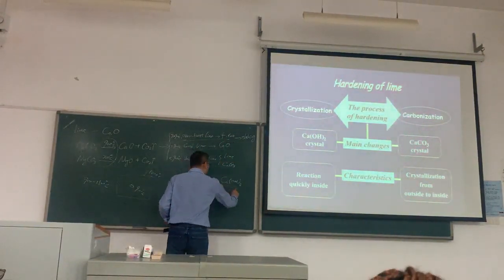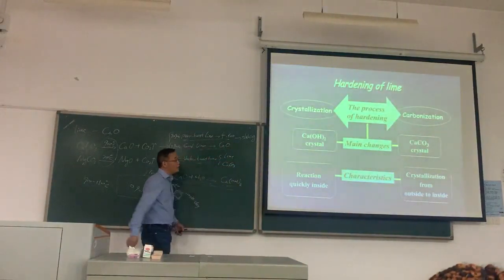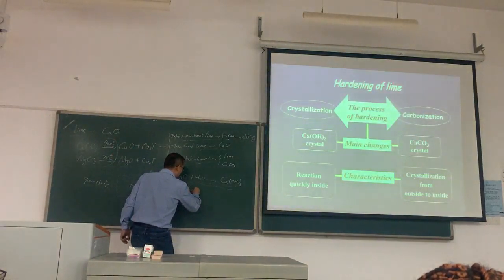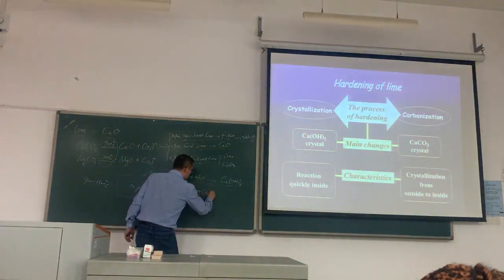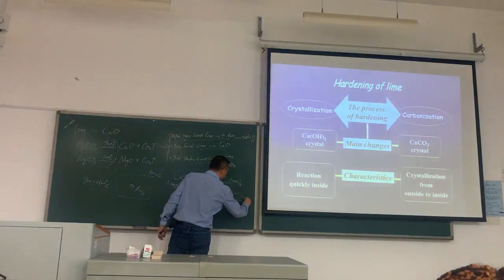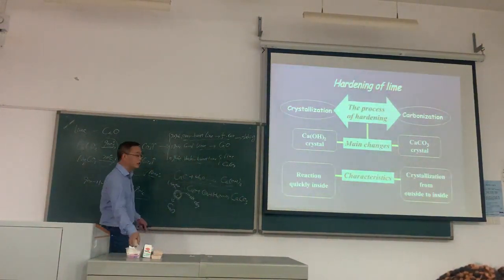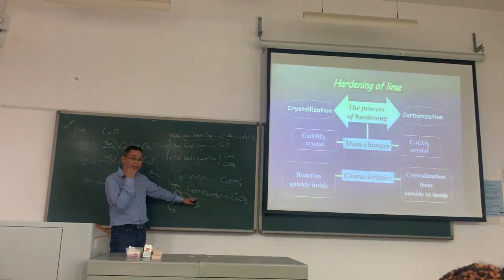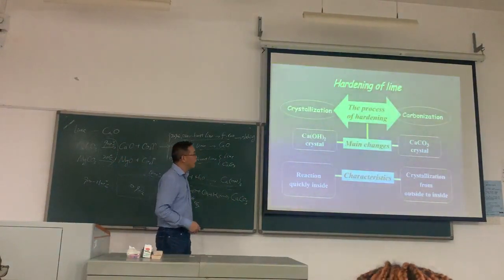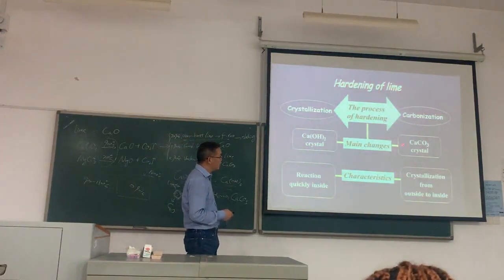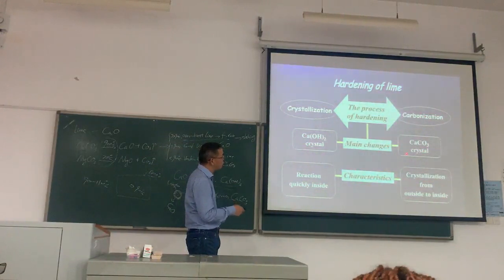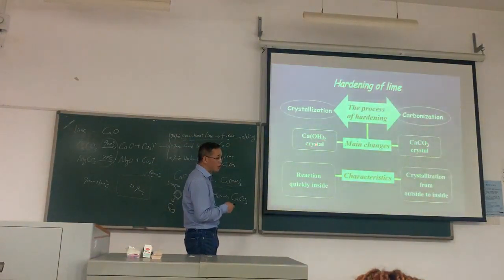This is the crystallization. For the carbonization, it will react like this. This is the carbonization of the lime. And then how about the characteristics of these 2 different kinds of hardening?